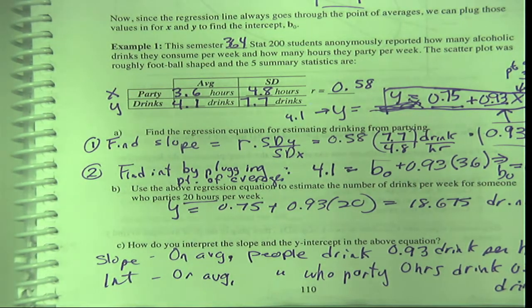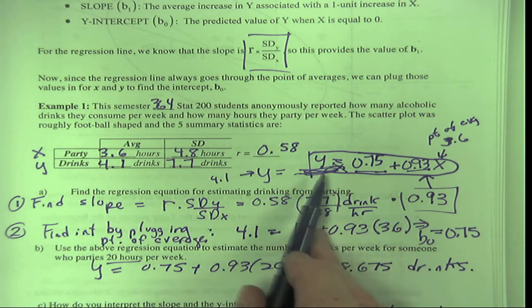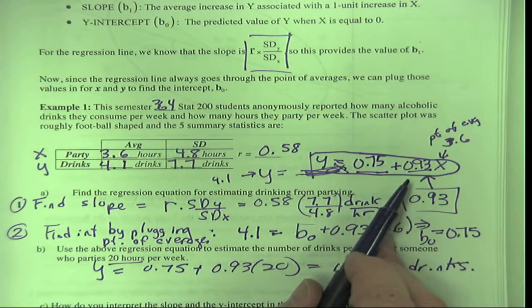That's what it means. If you look at the graph, you can see that looks about right. And if you look at our data, I rounded everything, but you'll get something very similar.